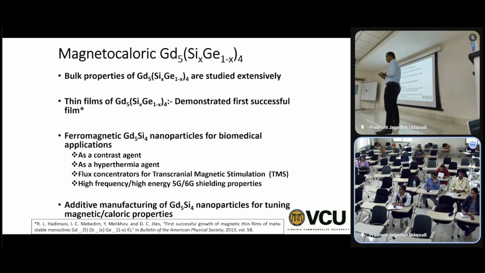But now the problem is, if you take a bulk material and apply a magnetic field, it heats up everywhere, right? Inside as well. But if it heats up, you have to cool it down to room temperature to remove the magnetic field. If you want to remove the magnetic field and cool it below room temperature, you have to first take it to room temperature, right? That means you have to cool down this hot material to room temperature.